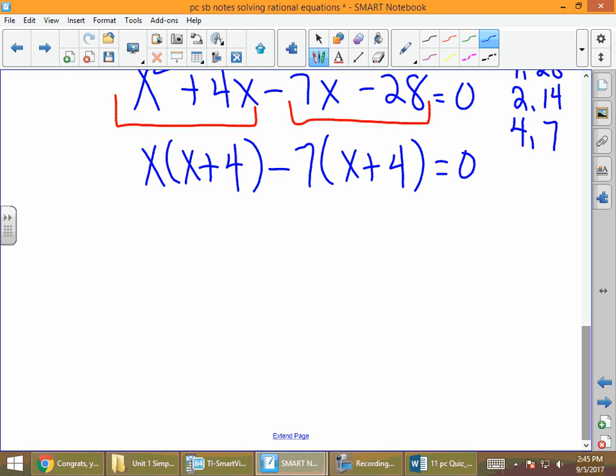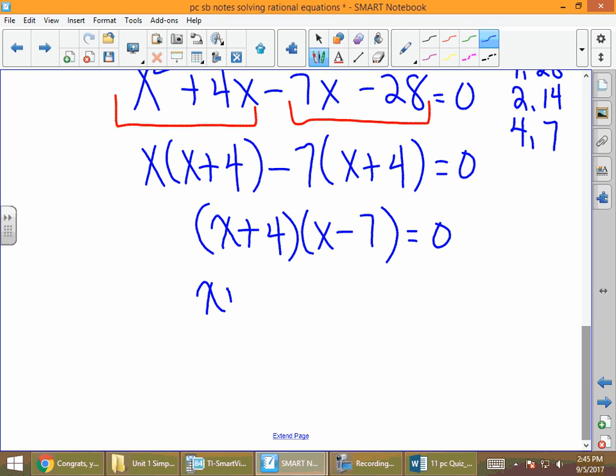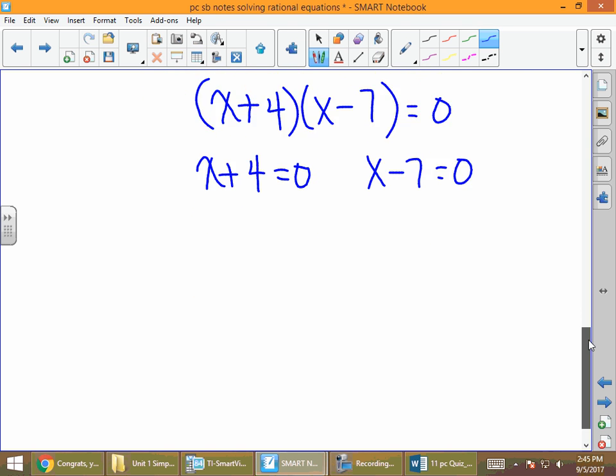So when we factor, we have x plus 4 times x minus 7. And then we have x plus 4 equal to 0, x minus 7 equal to 0. We're setting each factor equal to 0.